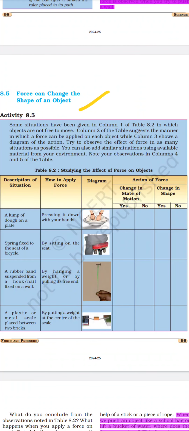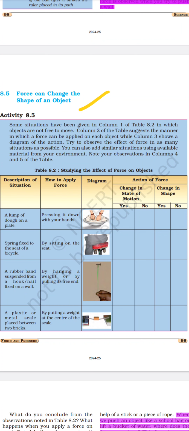8.5. Force can change the shape of an object. Got it? Activity 8.5. Some situations have been given in column 1 of table 8.2 in which objects are not free to move. Column 2 of the table suggests the manner in which a force can be applied on each object, while column 3 shows a diagram of the action.